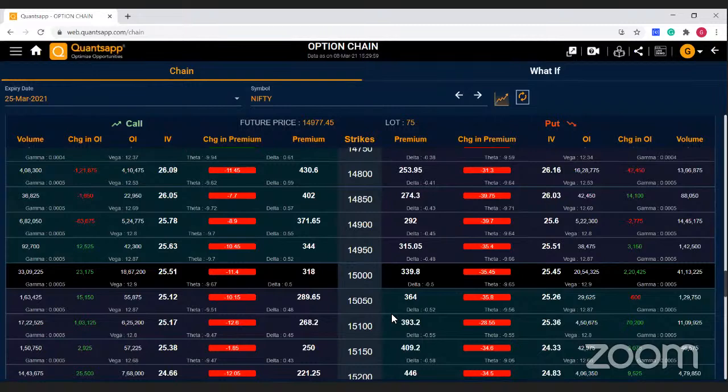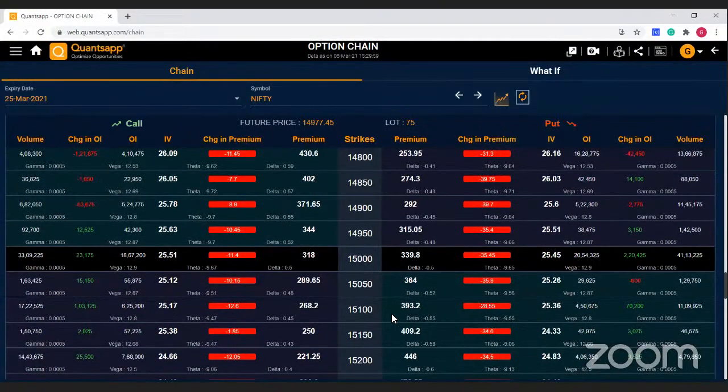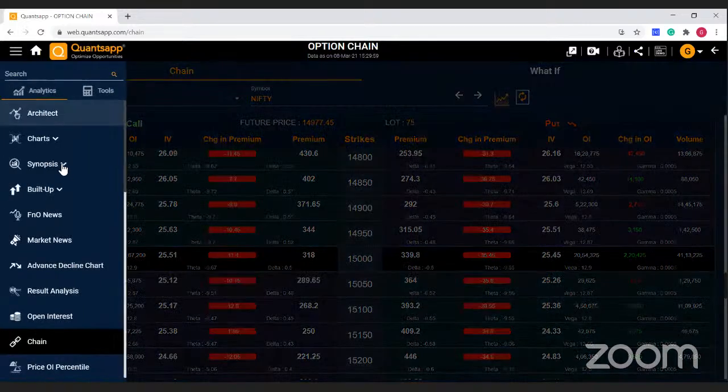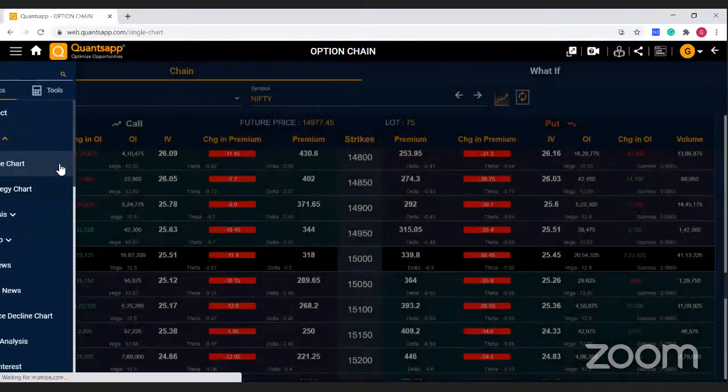Yes, so this is an option chain. The volume we can see for the options here in the option chain, and on the chart.